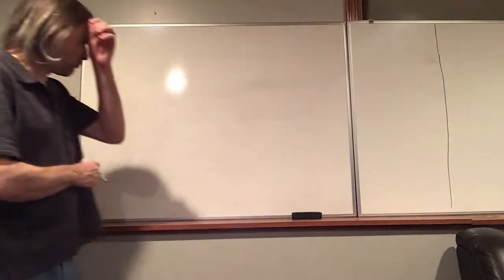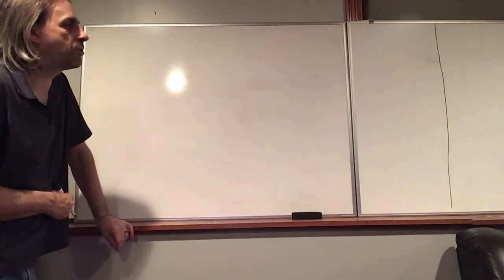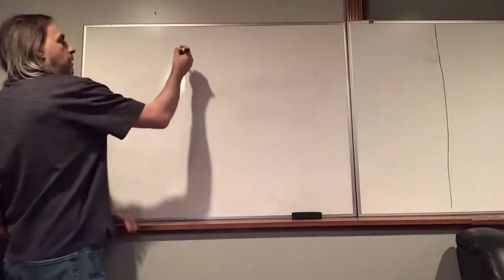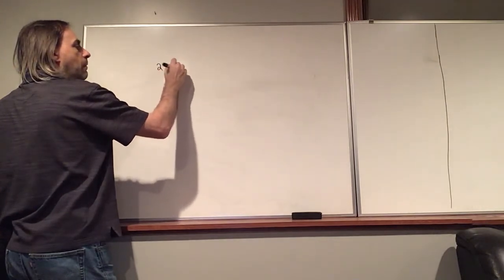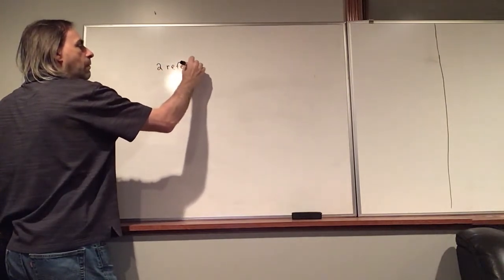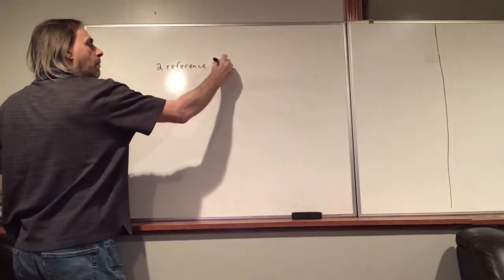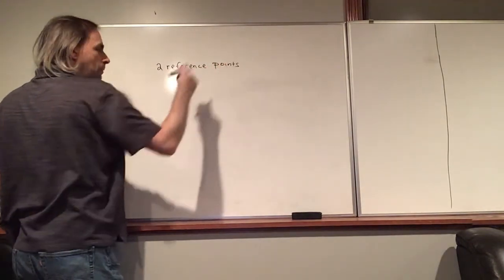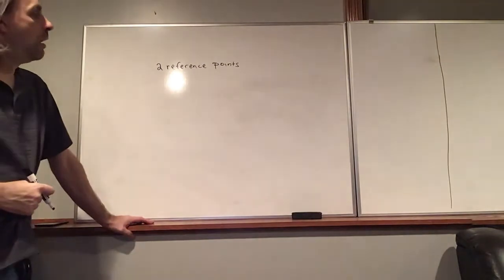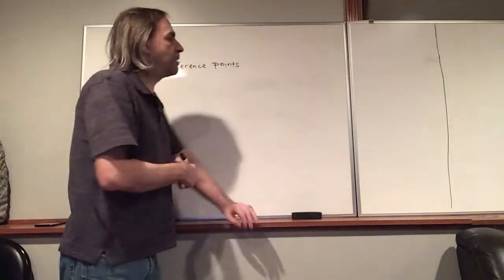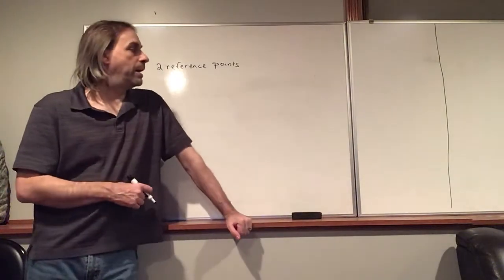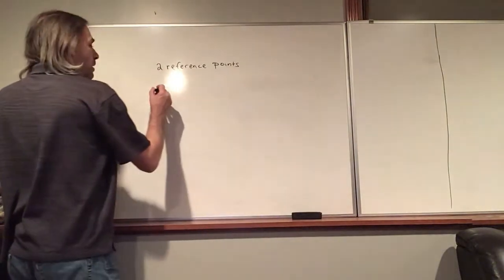So for a temperature scale, we need two reference points. We're going to start out with the first actual temperature scale that was devised, the Fahrenheit scale.